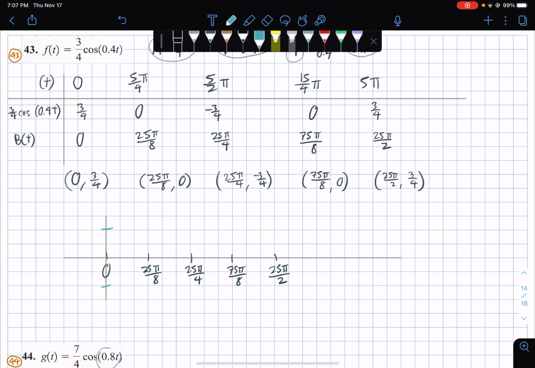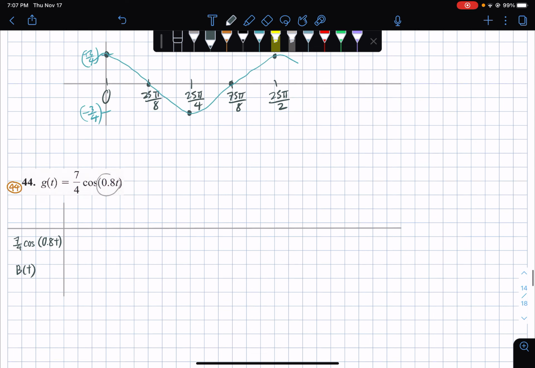The amplitude is 3/4. Write it that way and plot the points. And make the curve. Okay, that's it for number 43. Let's move to number 44.